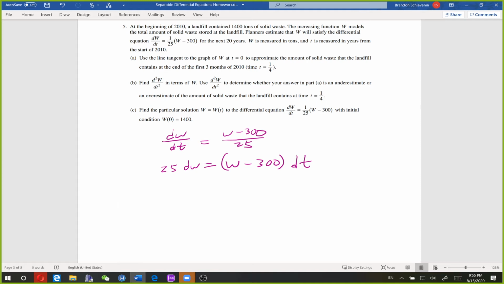So if I divide both sides by w minus 300, then I'll move all the w's to the left and I'll have all the t's on the right. This will be 25 dw over w minus 300 is equal to dt. Okay, over to Niall. What's my next step?